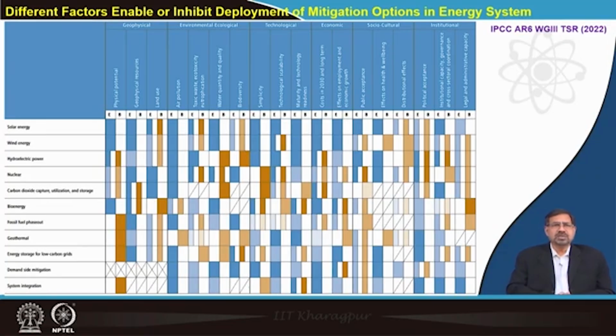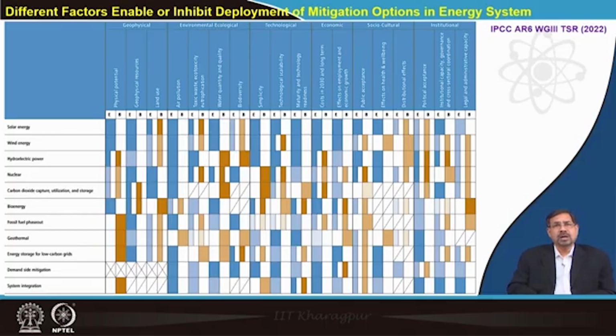So, the first one is solar, moving on to wind, hydroelectric, nuclear, carbon dioxide options in terms of utilization and storage. So, we call it CCS, and the bioenergy, fossil fuel phase out, geothermal and energy storage for low carbon grids, demand side mitigation and the system integration.